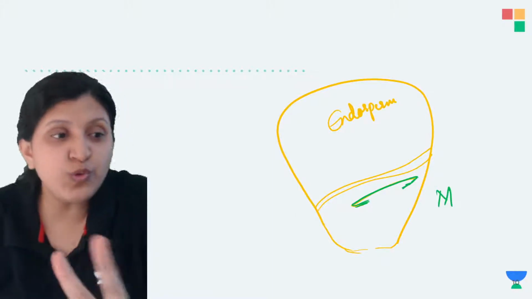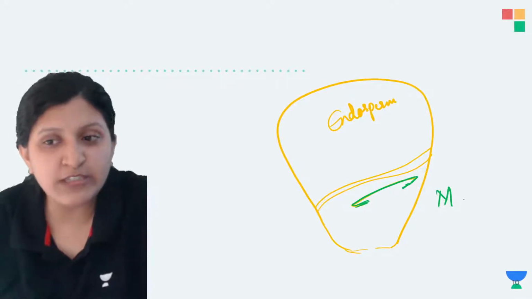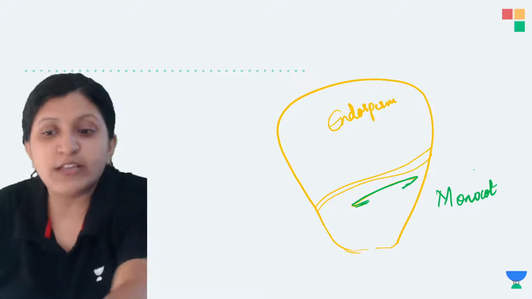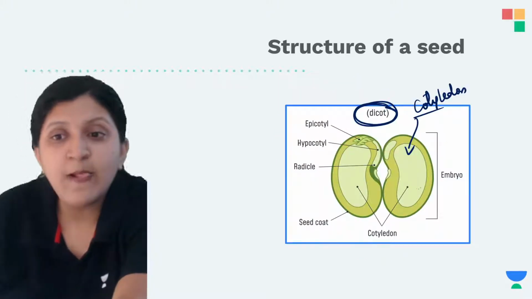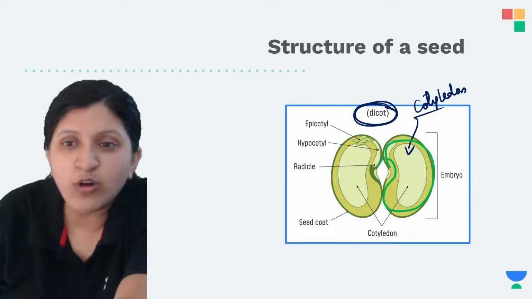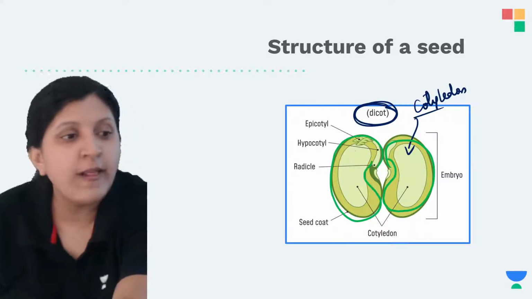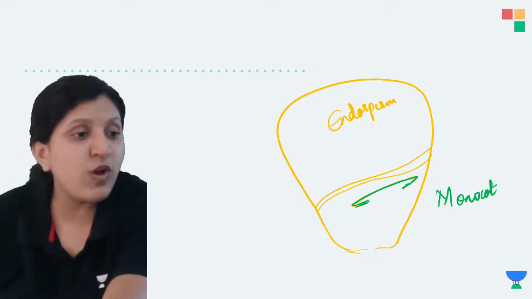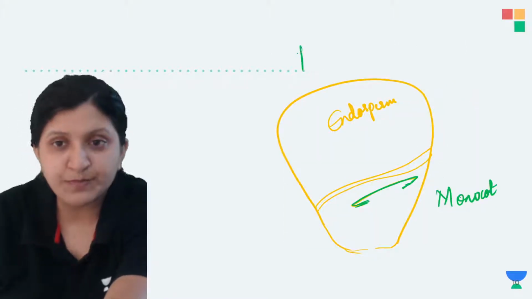There are no two cotyledons, there is only one cotyledon, and hence the name monocot. It is not a dicot. Here it is a dicot because you can see two big cotyledons. This is one cotyledon, this is one cotyledon, and here you can see an embryonal axis, but this is not the case with maize.